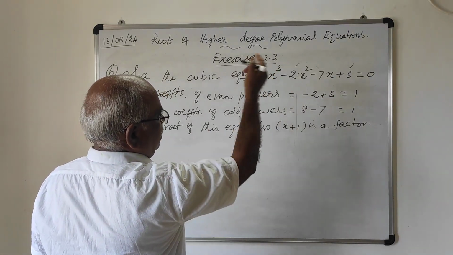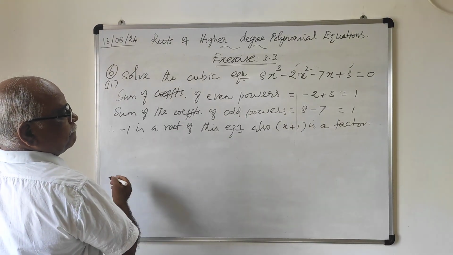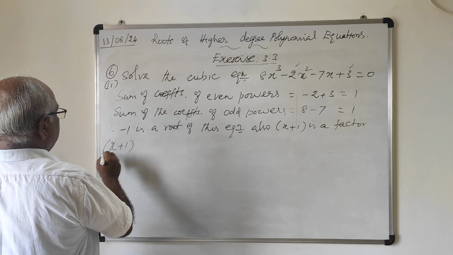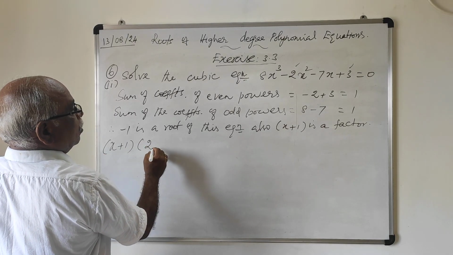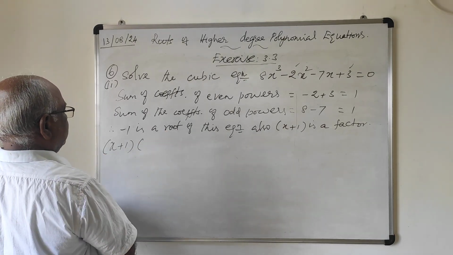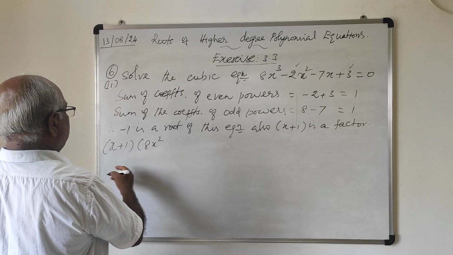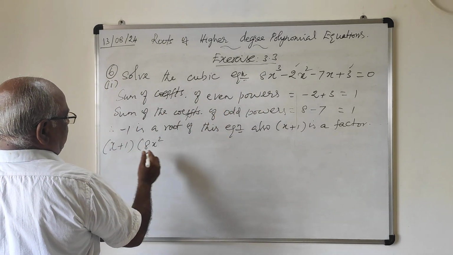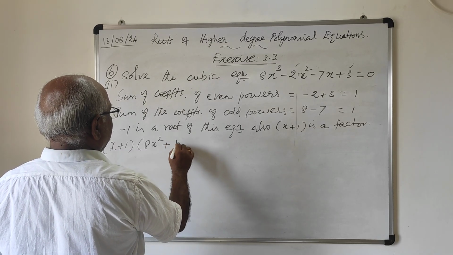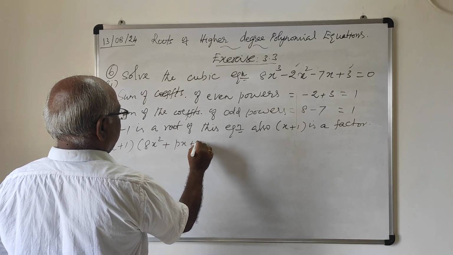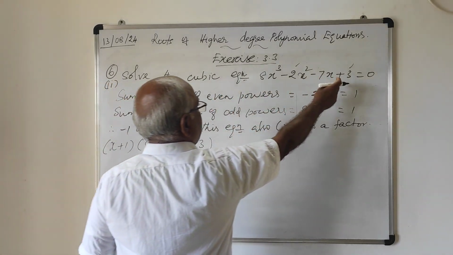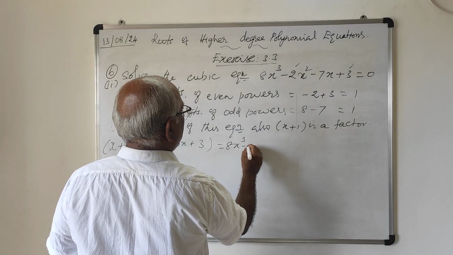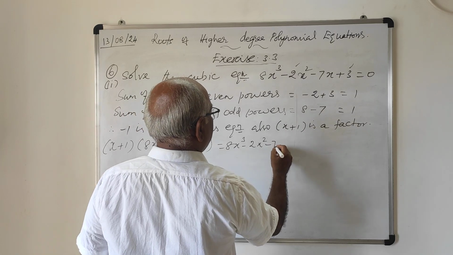Therefore, the given equation can be written as x plus 1 times the other factor, which is 8x square plus px plus 3, equal to the given equation 8x cube minus 2x square minus 7x plus 3. Here 8x square into x is x cube, and 3 into 1 is 3.